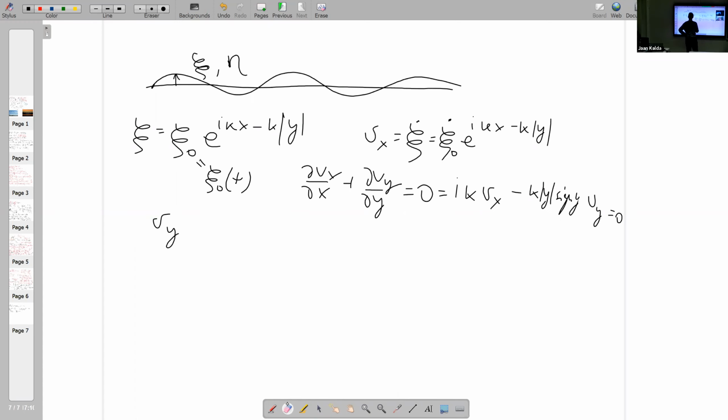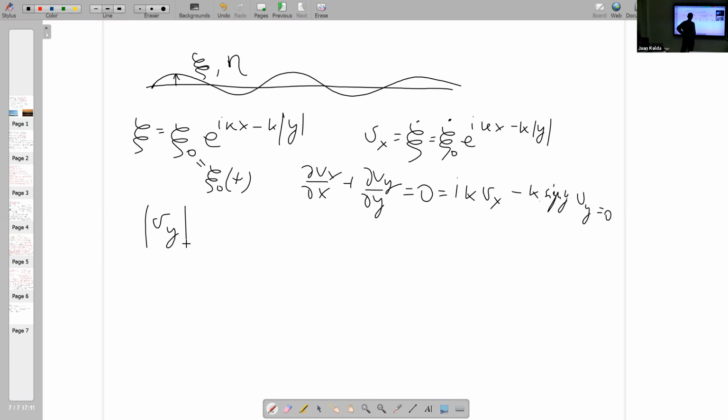I don't know why I wrote that, but there is no y modulus. So Vy from here now equals, at least in modulus, I care about modulus, so I can forget about those k's.